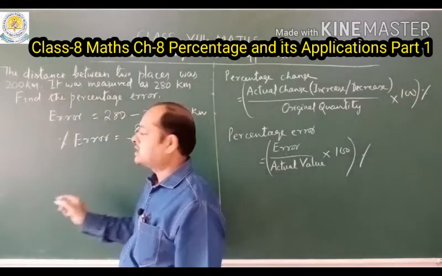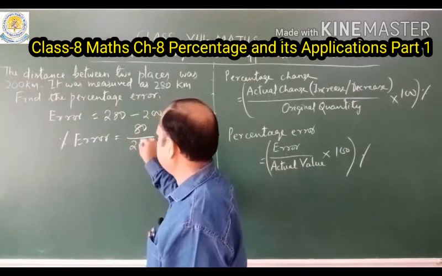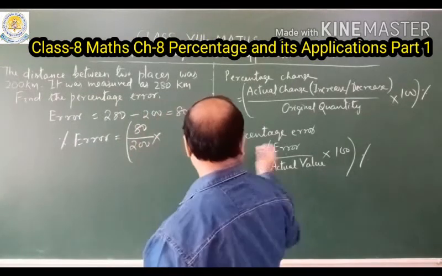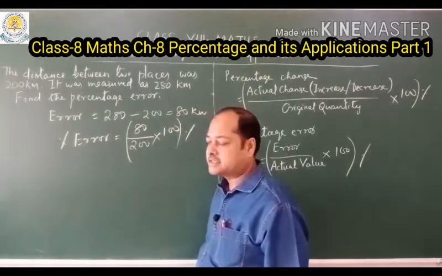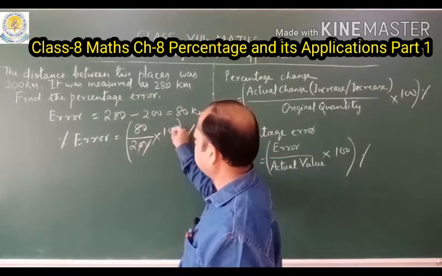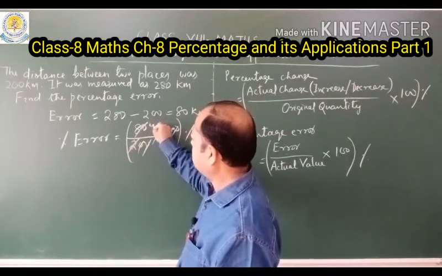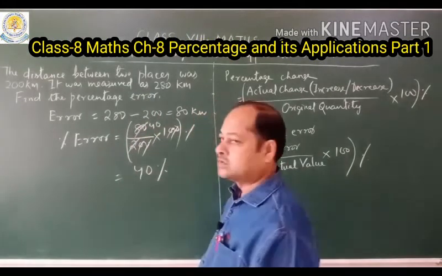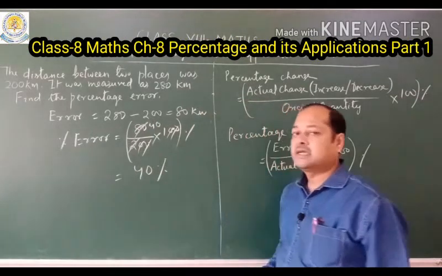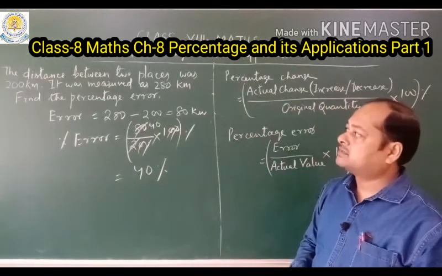That is 200. So write here 200 into 100. That much percentage. So 0 0 cut here, 240. So what did you get here? 40%. So 40% is the error percentage of this question.